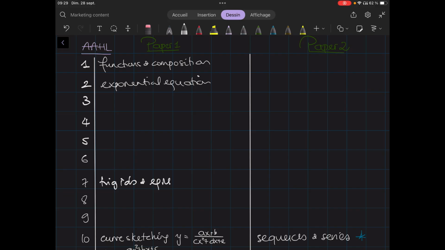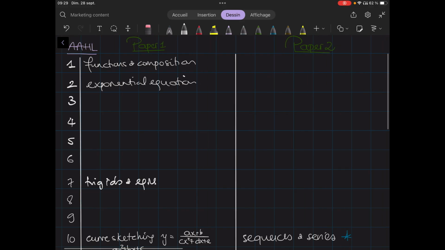That's a bit brutal though. Okay, so I may keep it as question 4 on paper 2 then. Compound angle formula. Okay.